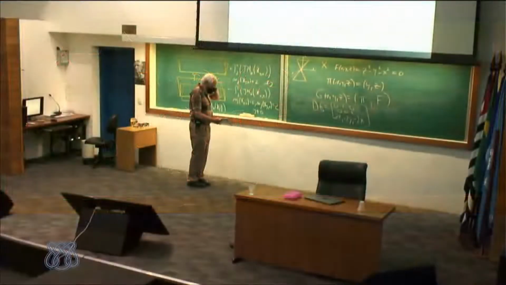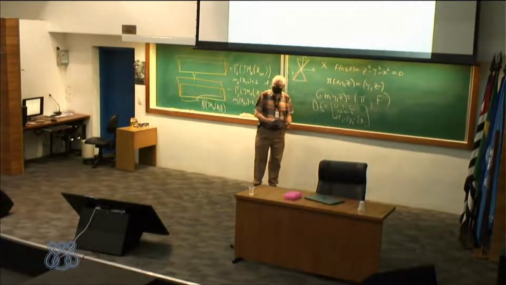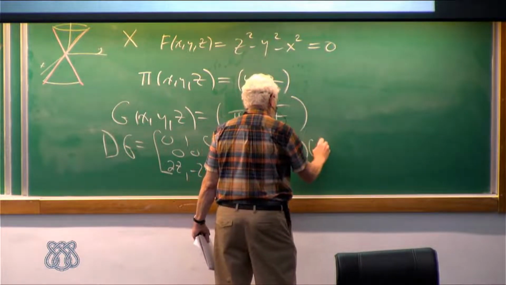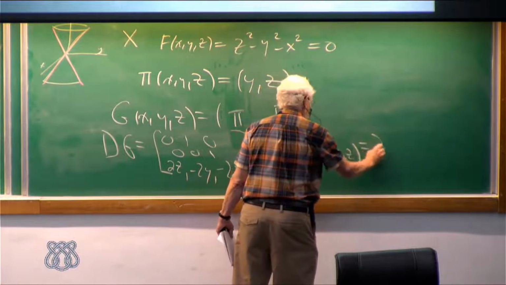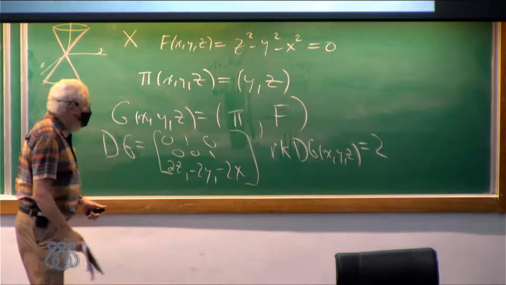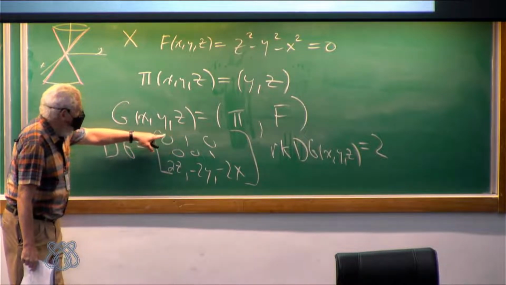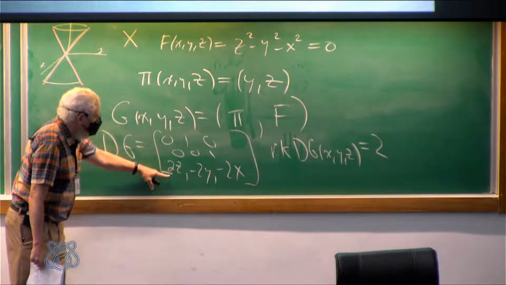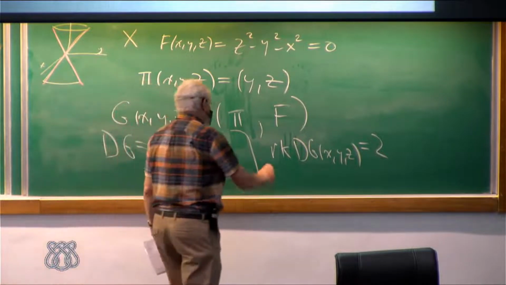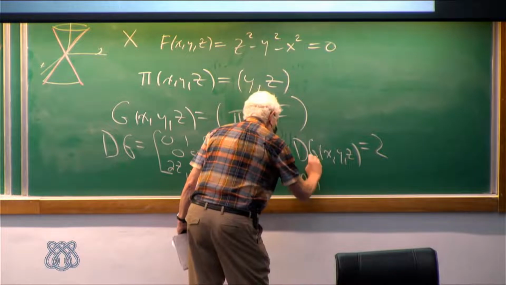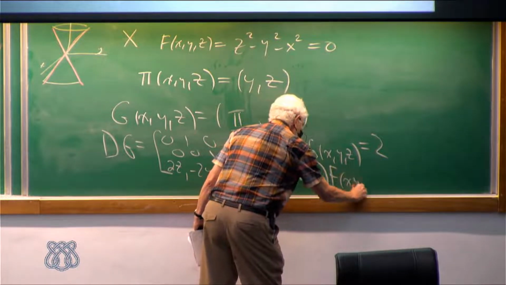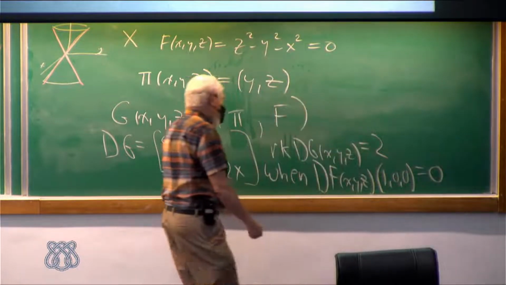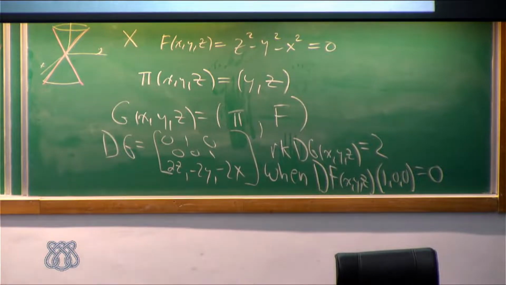Well, the points where this has rank 2 — it's always at least 2 — means that the kernel of this projection has to kill the differential, so it has to be tangent. In other words, this is tangent.